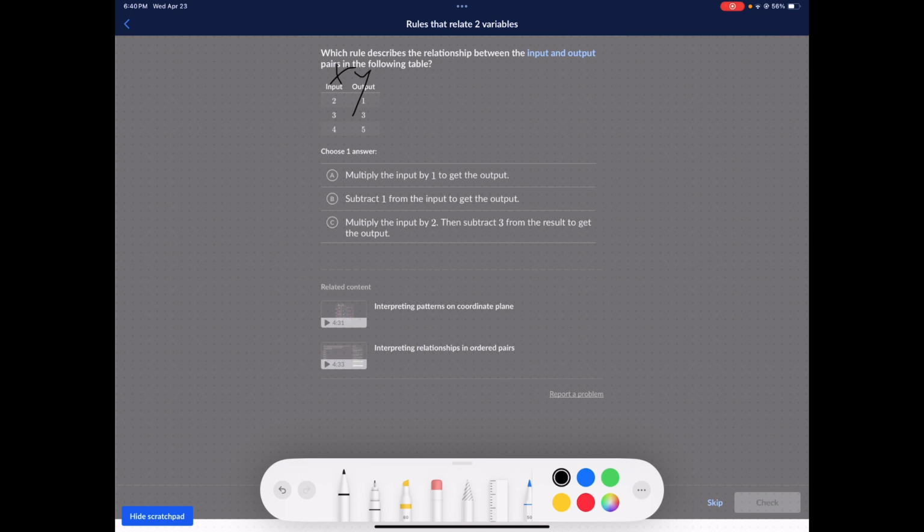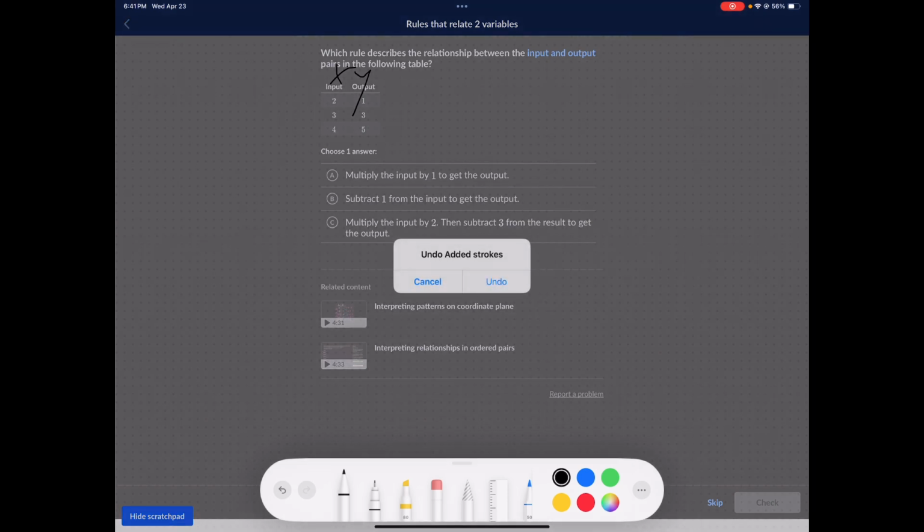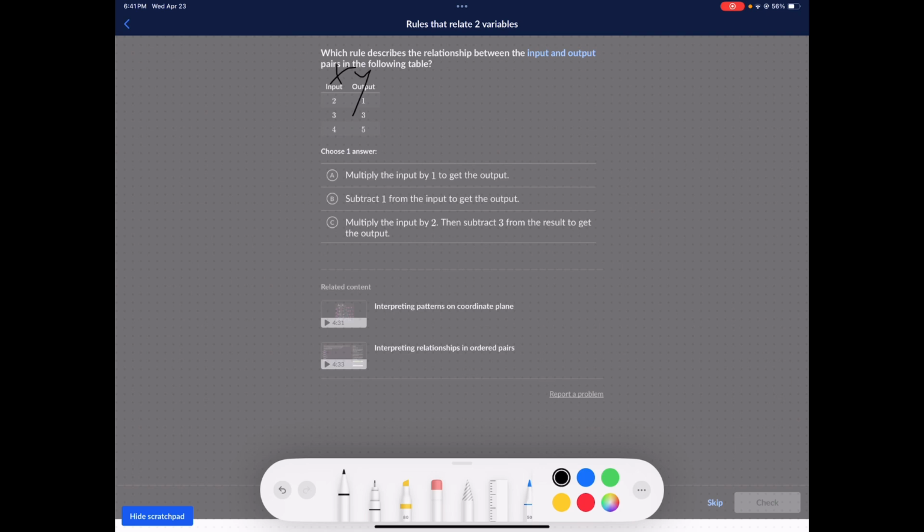So, what we basically have to do to get the answer is the same thing we did for doing the XY stuff. So, this can be multiply x, so we can just scribble that out, x by 1 to get the output.